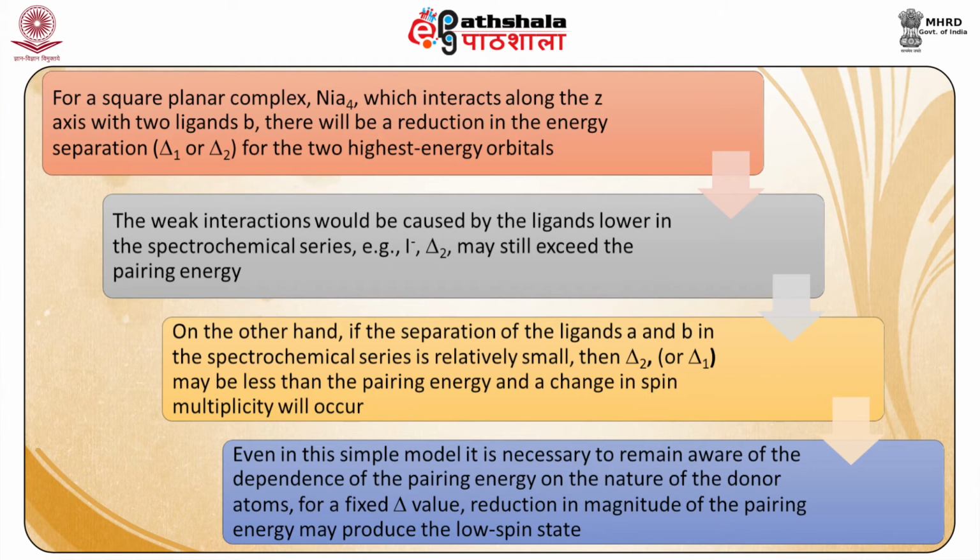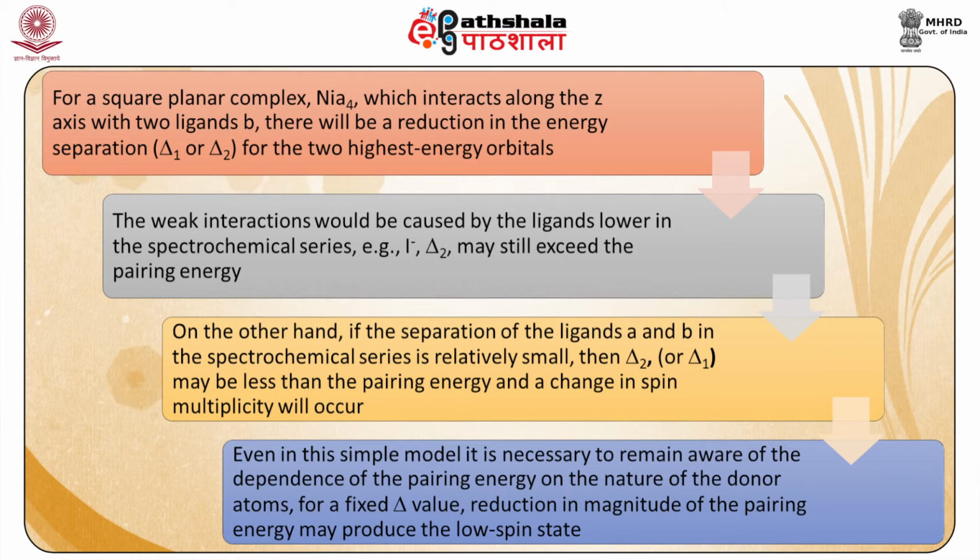For weak interactions, such as would be caused by ligands low in the spectrochemical series, for example iodide, delta 2 may still exceed the pairing energy. On the other hand, if the separation of the ligands A and B in the spectrochemical series is relatively small, then delta 2 may be less than the pairing energy and a change in spin multiplicity will occur.